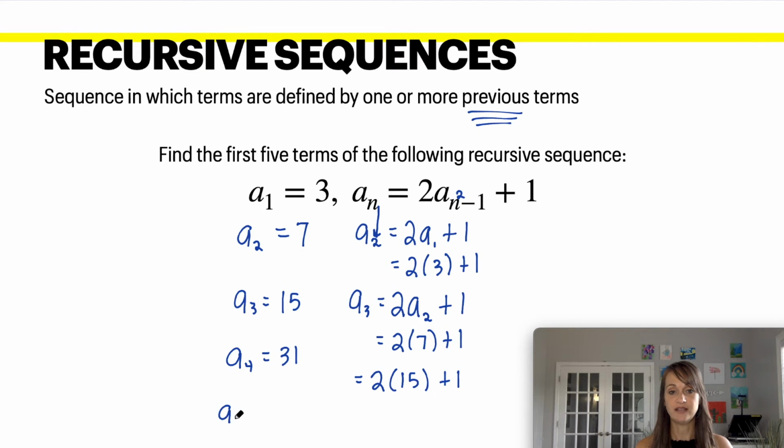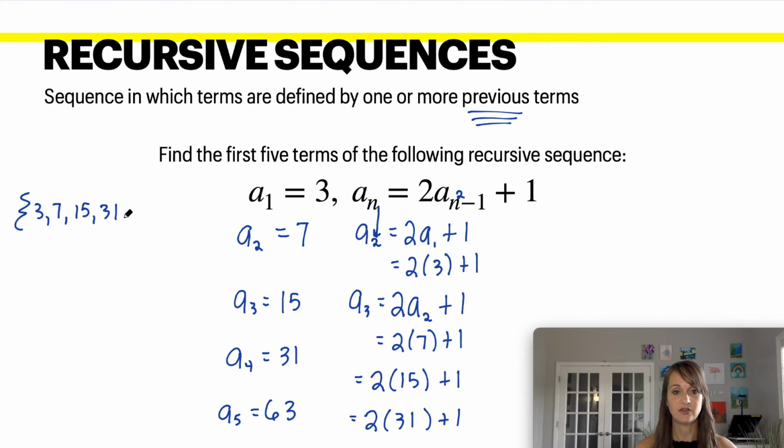And so to find the fifth term, I'm going to multiply 2 times the previous term, which was 31. 2 times 31 is 62. 62 plus 1 is 63. So the first 5 terms of this sequence are 3, because that was the first term, 7, 15, 31, and 63.